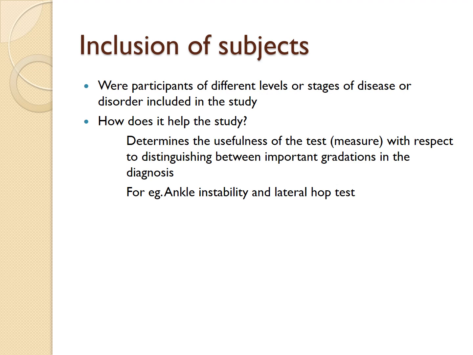So let's say you have enrolled 20 patients, and all these patients have either grade 0 to grade 3 ankle injury, and now we're trying to find out if this lateral hop test can differentiate between grade 0, grade 1, grade 2, grade 3 ankle sprain precisely, rather than just simply saying, okay, this patient has ankle instability, and X person does not have instability in the ankle.